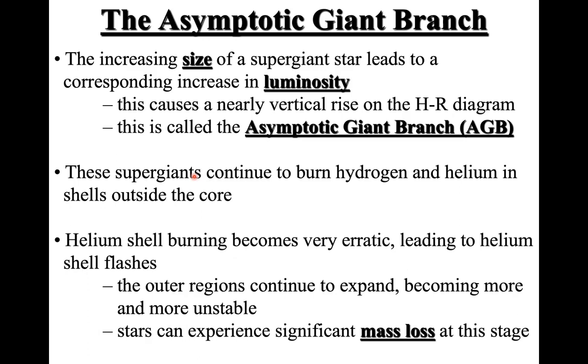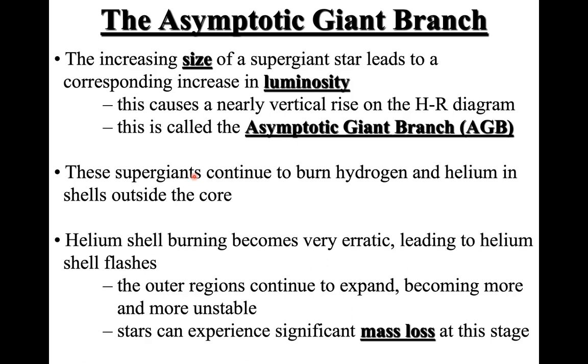Now, the helium shell that you have just outside this carbon core will become erratic, leading to helium shell flashes. Remember that previously we had the helium core flash, right? So that's what we discussed earlier, and as the second step we will have this helium shell flash.